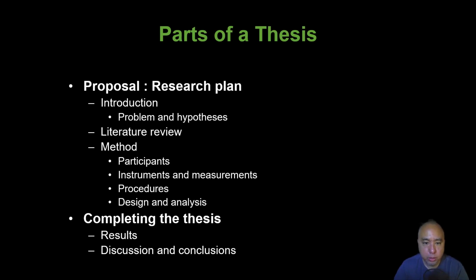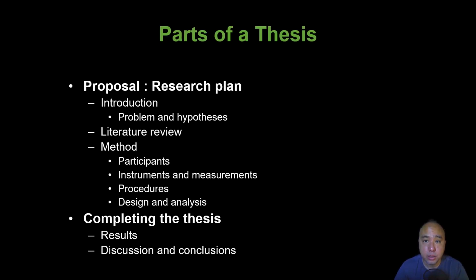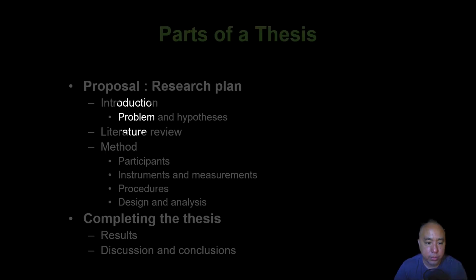So what I included here is the standard format that we typically use for a thesis or a capstone, but really this is a standard format that is used for any research article or research study. So the proposal, if you're taking my research methods class, involves your plan. And that mainly involves the introduction and literature review, as well as the methods.